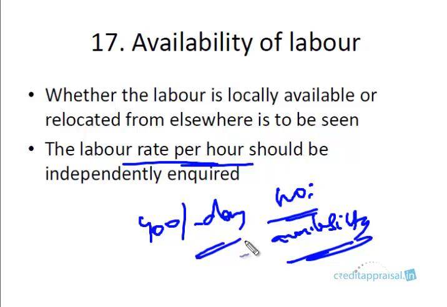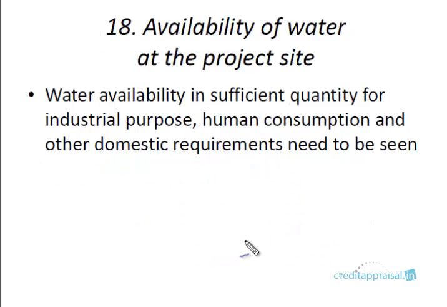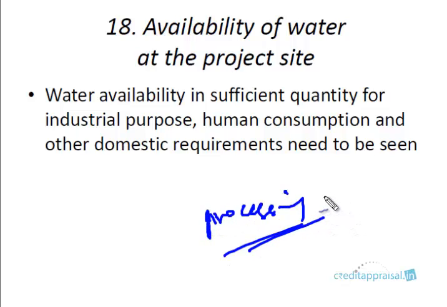So again, you have to look into various factors, both the availability and the cost of labor. The availability of water is also important because water is not just for human consumption. Sometimes the activity might be a processing activity where water might be required, for example for washing ore.